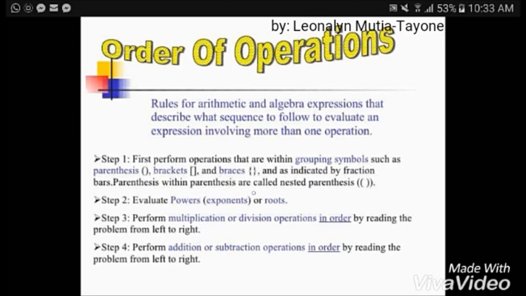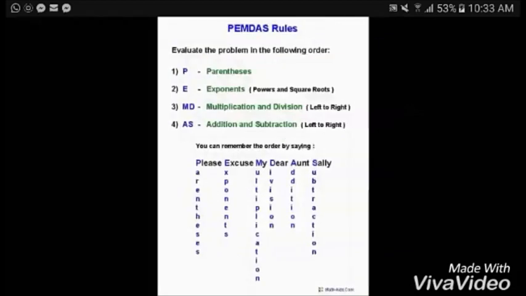Parentheses within parentheses are called nested parentheses. Step 2, evaluate powers, exponents, or roots. Step 3, perform multiplication or division operations in order by reading the problem from left to right. Step 4, perform addition or subtraction operations in order by reading the problem from left to right.